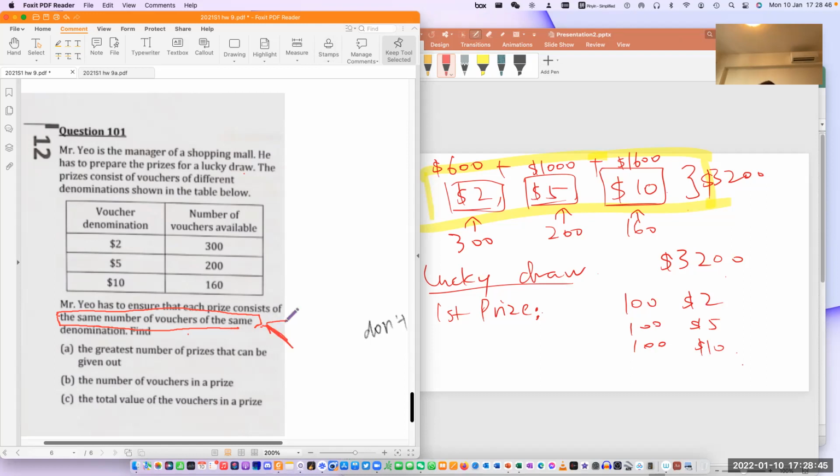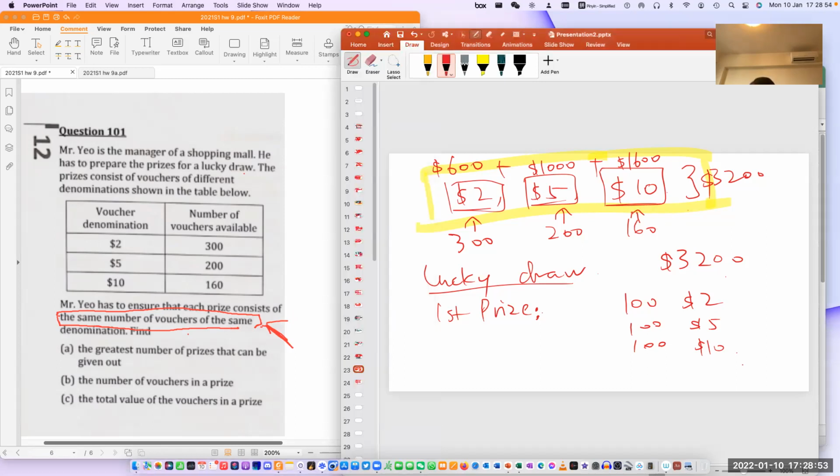So in this case, the greatest number of prices that can be given out is, since you have the highest number of vouchers, 160 for $10. So you choose 160, 160, 160. Then you just times them, and then you just add them up.